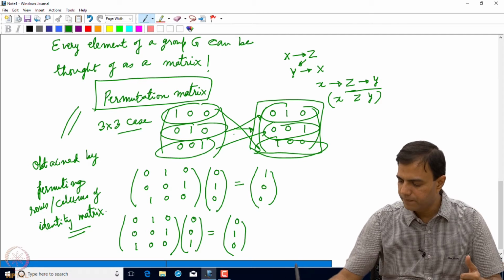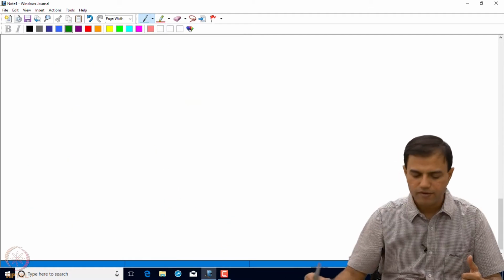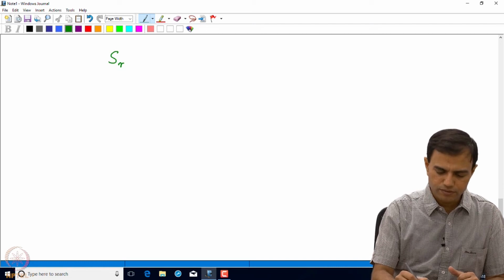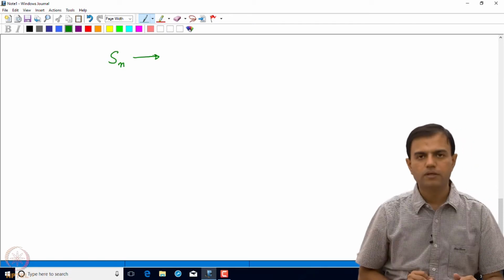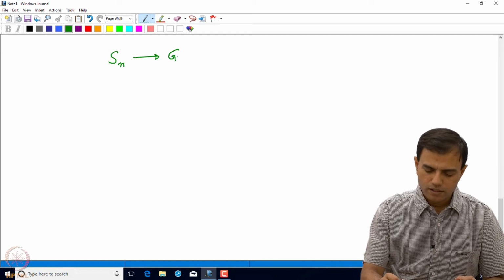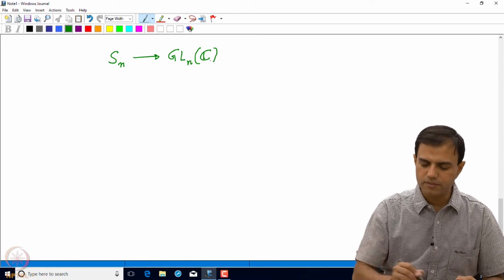So here is the thing, I can therefore give a map from Sn to the group of matrices over a field, say the complex numbers.